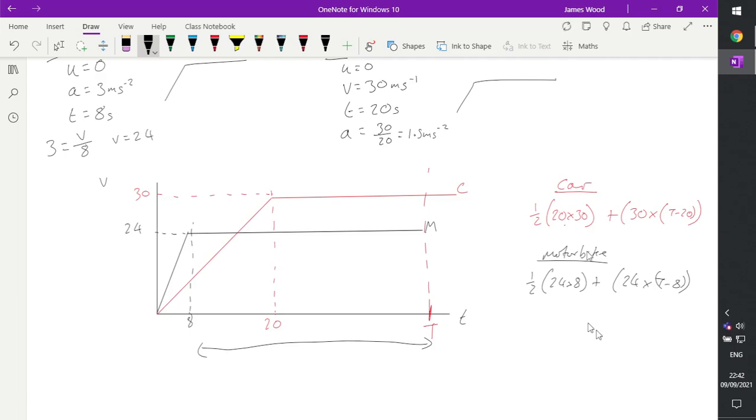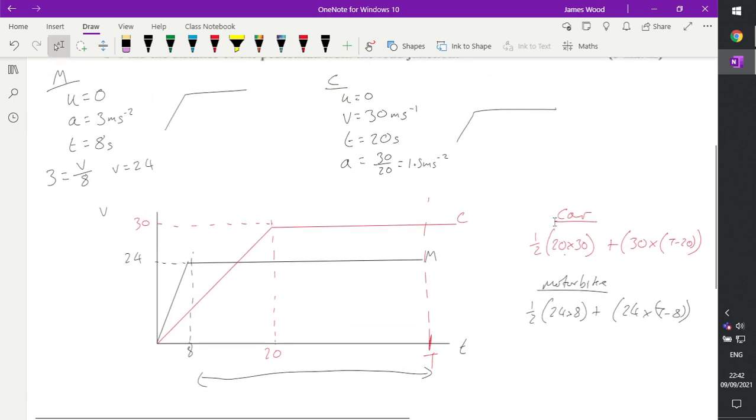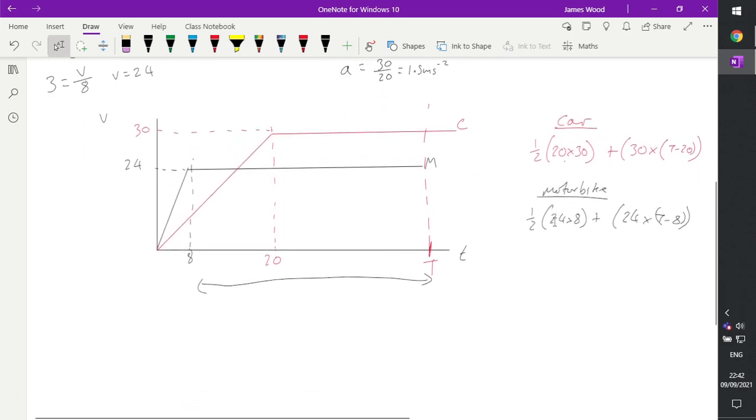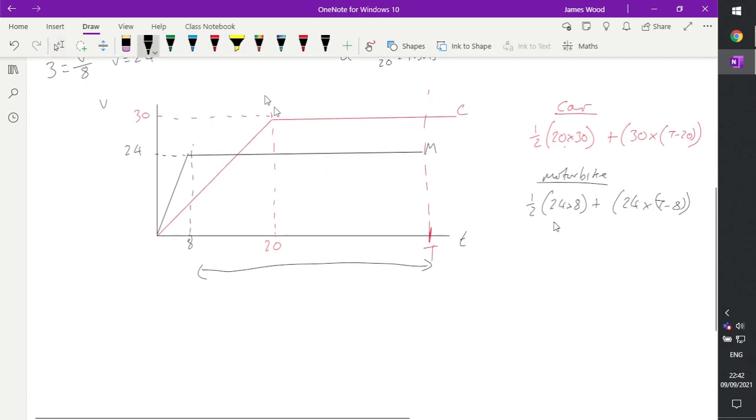Okay, so we've now got an expression for the distance travelled by the car, which is the area under the graph, and the distance travelled by the motorbike, which is the area under the graph. Okay, and we want to know when are they in the same place at the same time. So we want to know when do they have the same displacement.